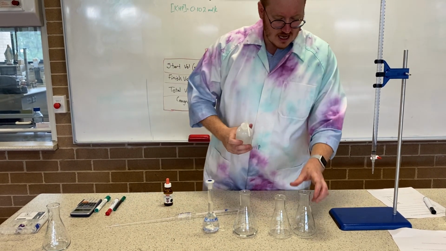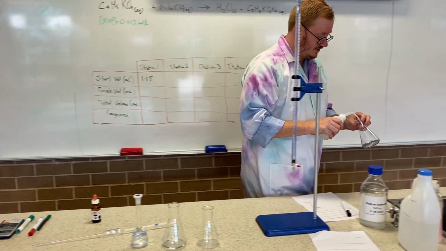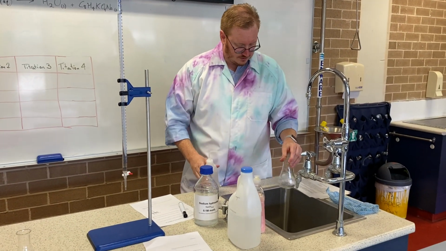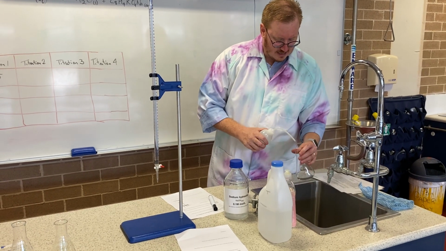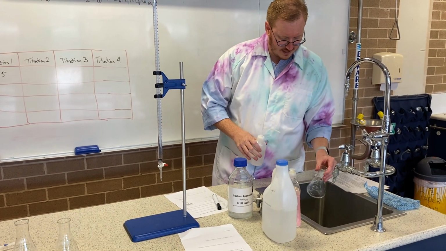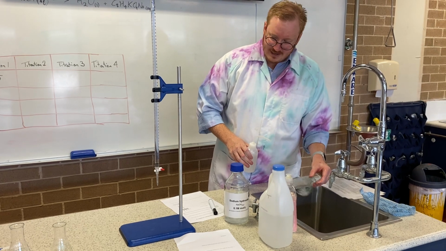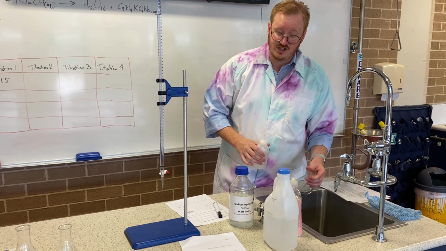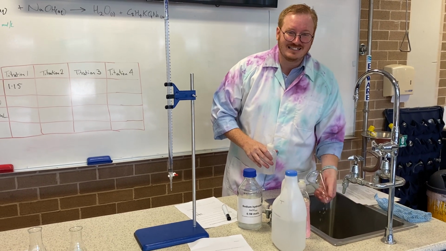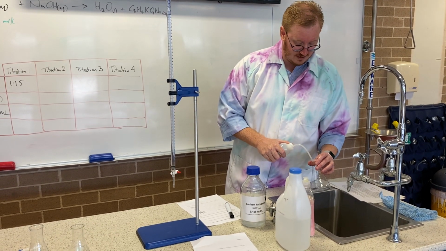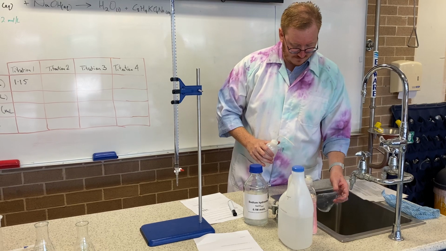All right, I'm going to rinse them with water, of course. 2 rinses with water, give them a good swirl. And then I need to think about what I'm putting in there. I'm putting in a certain concentration to a known volume, so I'm really delivering a number of moles to these vessels.